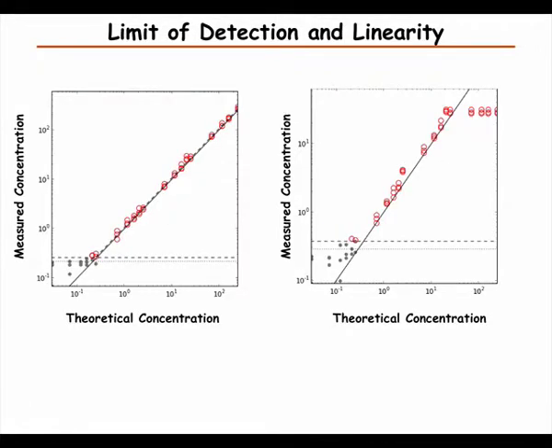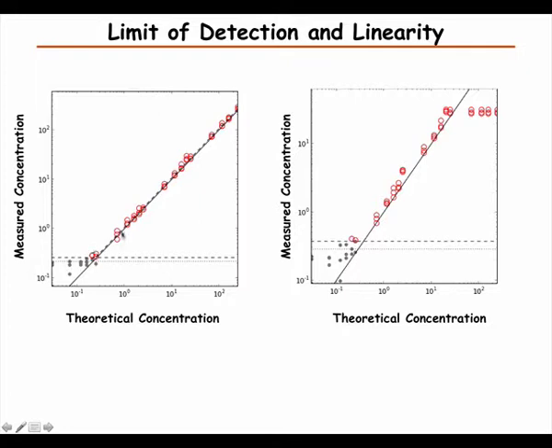And that's what's shown here. For this data, the higher line is the limit of detection, and the lower line is the limit of the blank that we've got from the blank measurements. The difference here is the standard deviation.